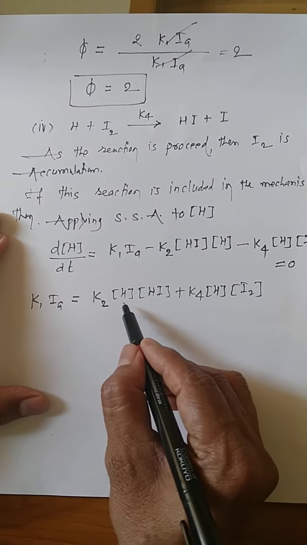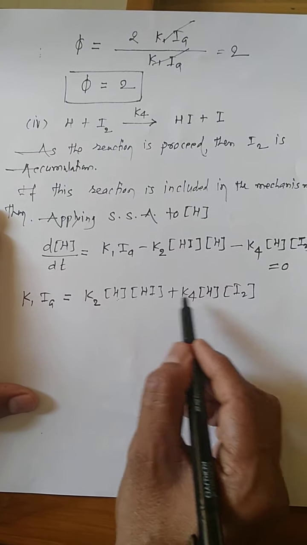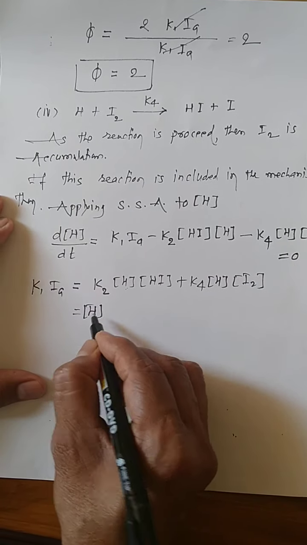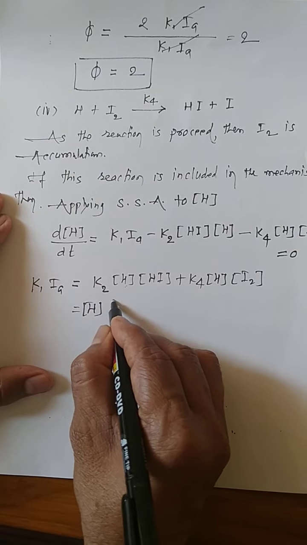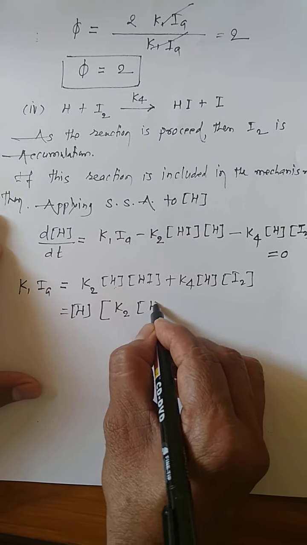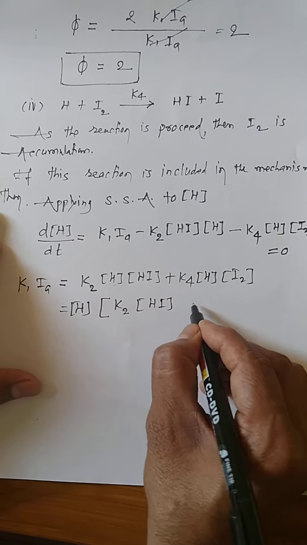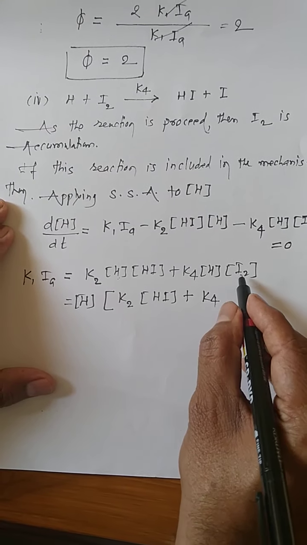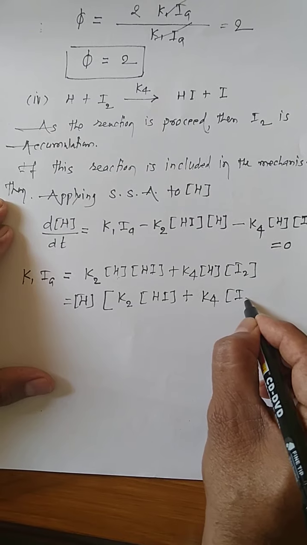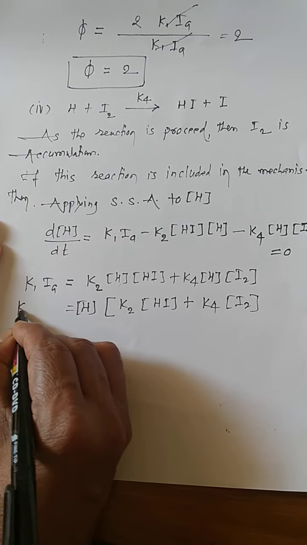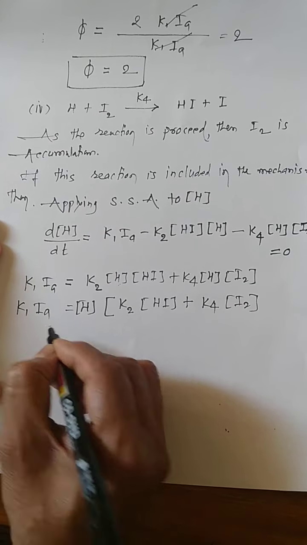Now take common concentration of H: H into K2 concentration of HI plus K4 concentration of I2 is equal to K1 IA.